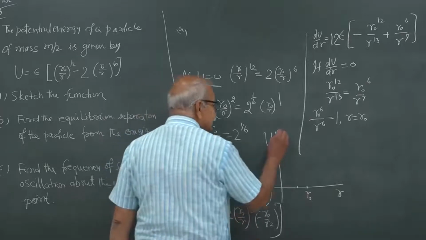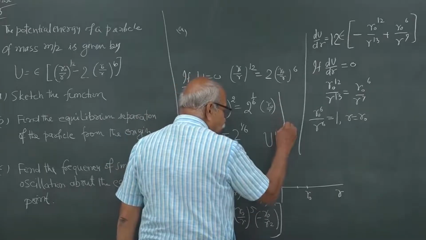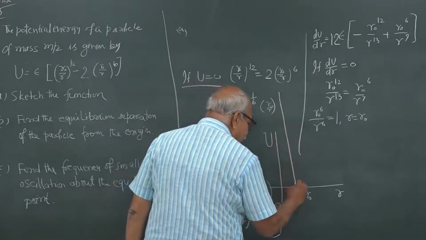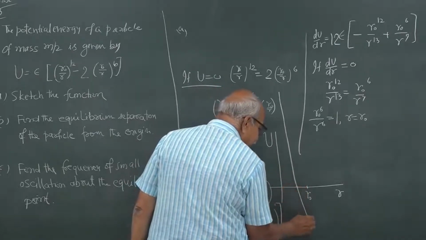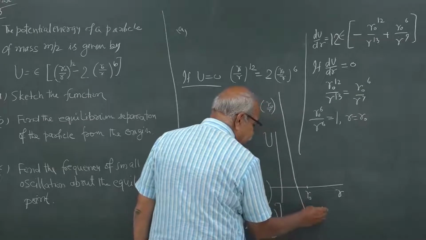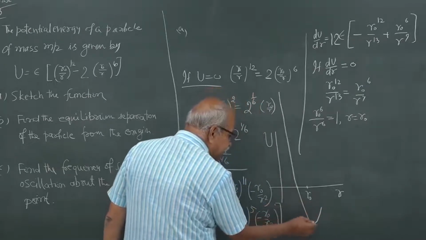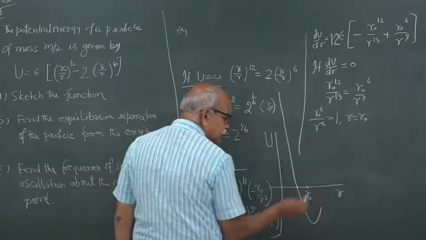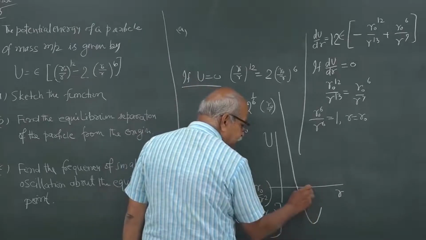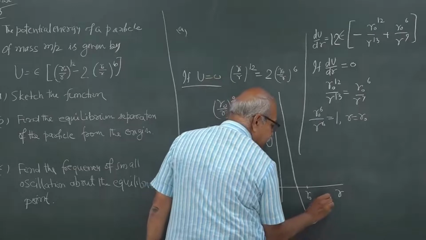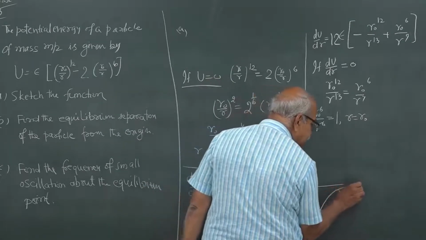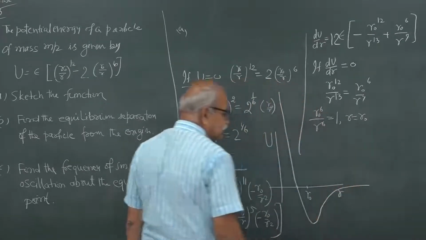So, it will decrease, it has to go to this point where it crosses, it becomes negative there, then it has to be a minimum here if it wants to reach this 0, and that minimum must occur at r equal to r naught, and then it will gradually approach 0.